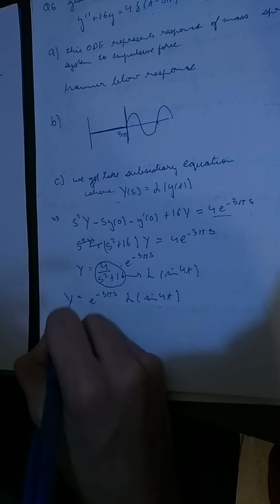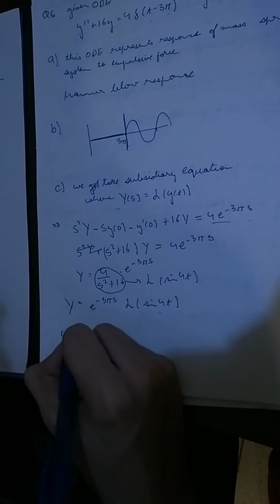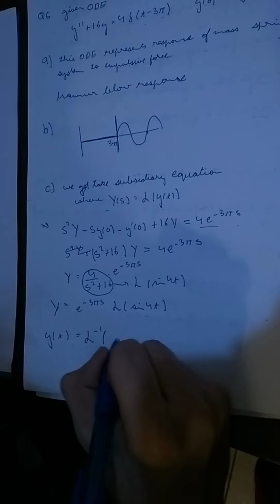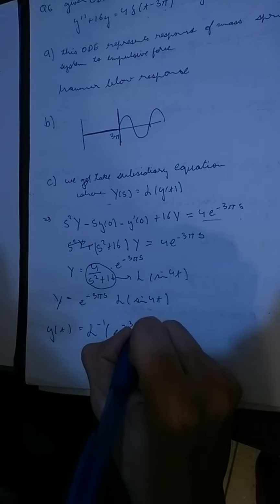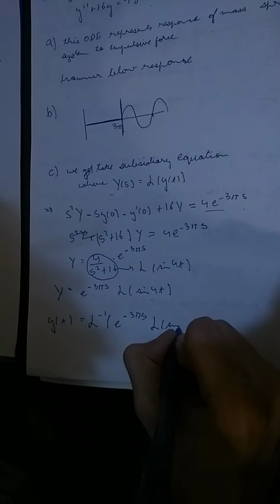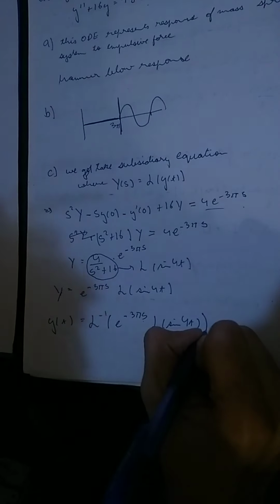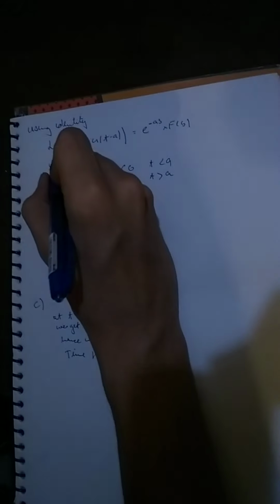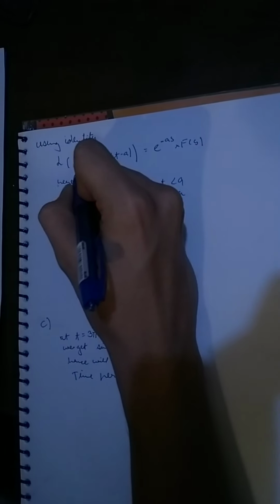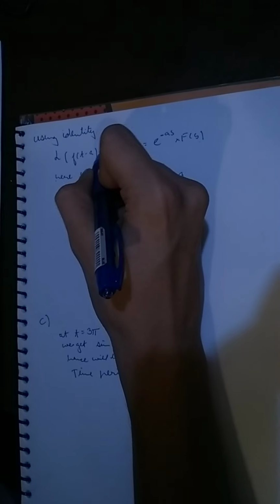Now y(t) is equal to the inverse Laplace of this into the Laplace of sine 4t. Now to solve this, we're using this identity, which is this: the Laplace of a function f(t minus a) into u(t minus a), which will give this.